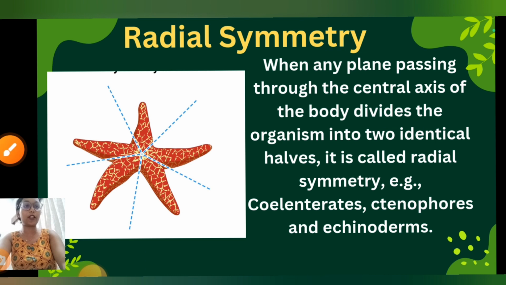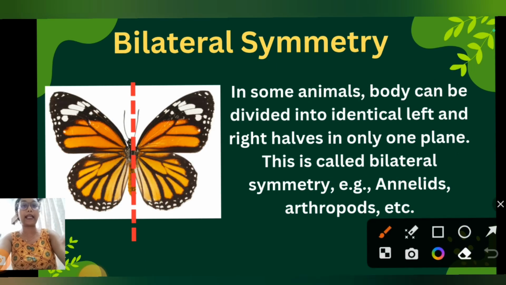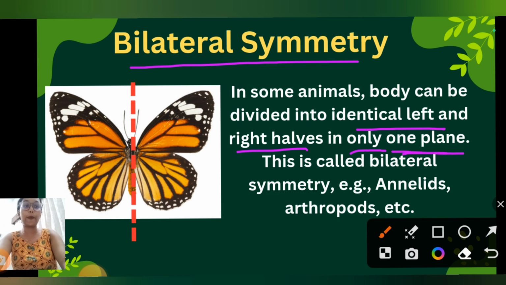Radial symmetry you understood, then comes bilateral symmetry. Here, in some animals, the body can be divided into identical left and right halves in only one plane. So it is talking about only one plane, and in the case of radial symmetry, many planes are mentioned in the definition.